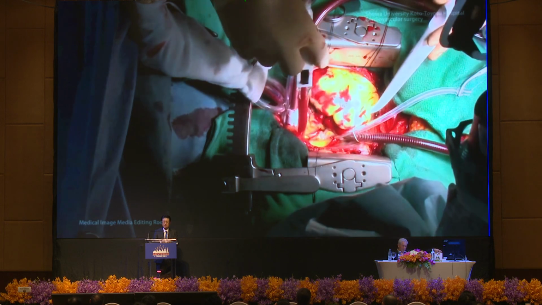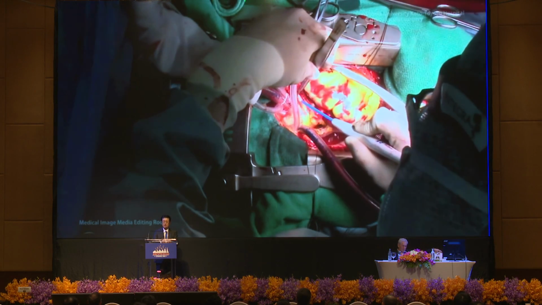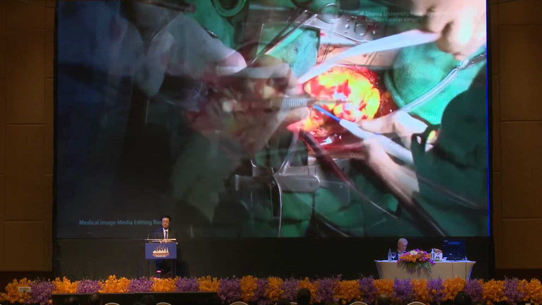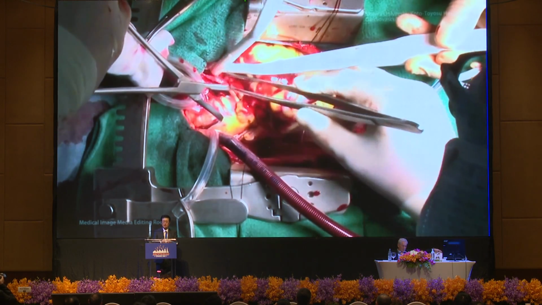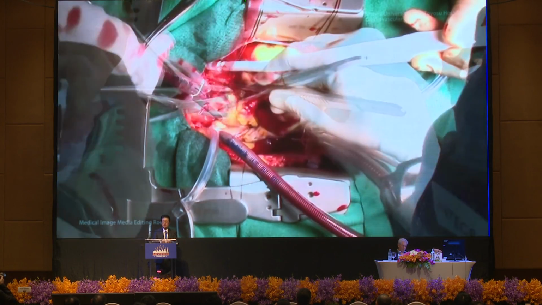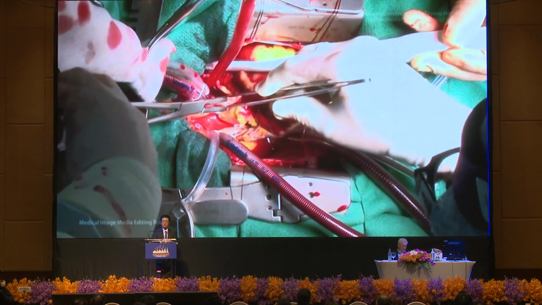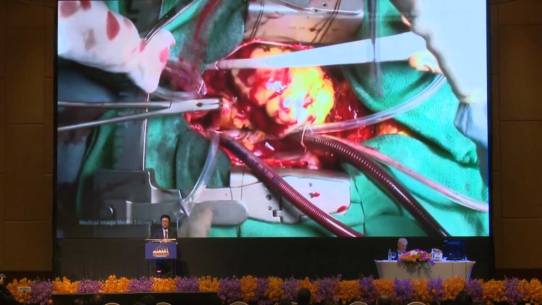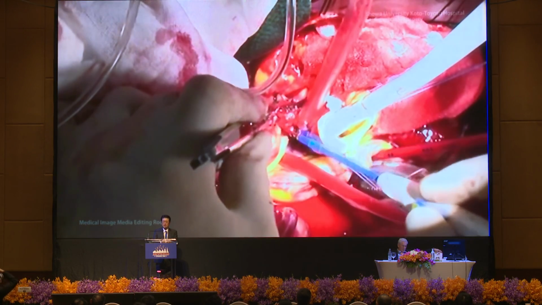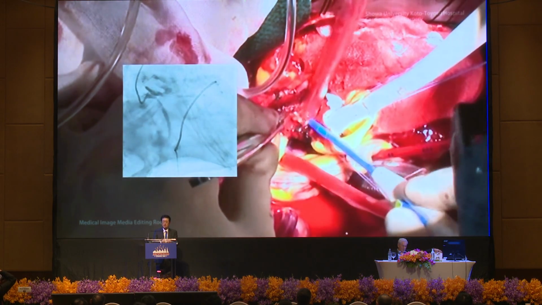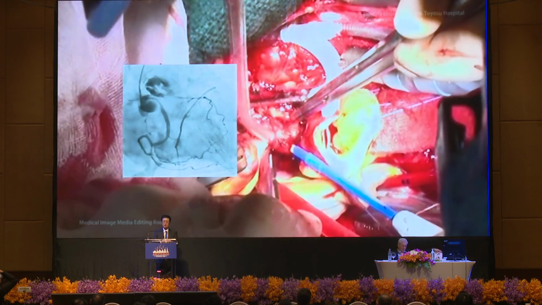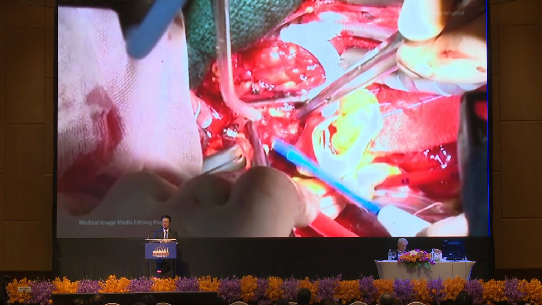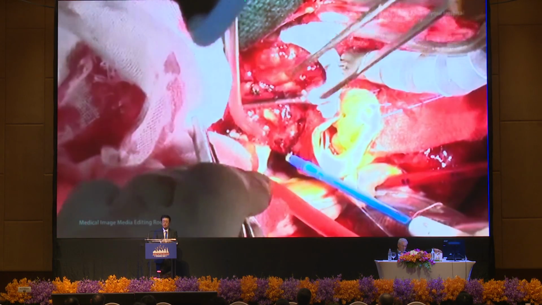So this is the first thing to do: resuscitate the patient with the proper cardiopulmonary bypass machine, and then cross-clamp the ascending aorta. And then we transect the ascending aorta. Cardioplegia was performed by direct cannulation to the coronary sinus, opening the right atrium.